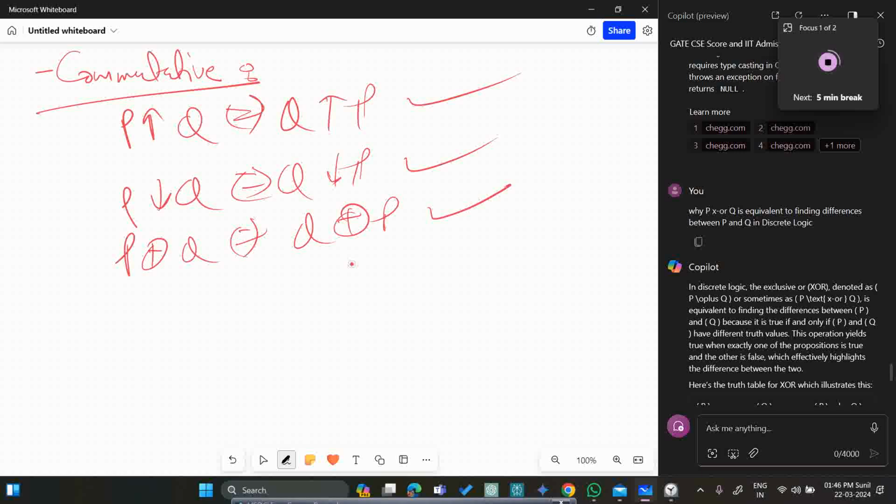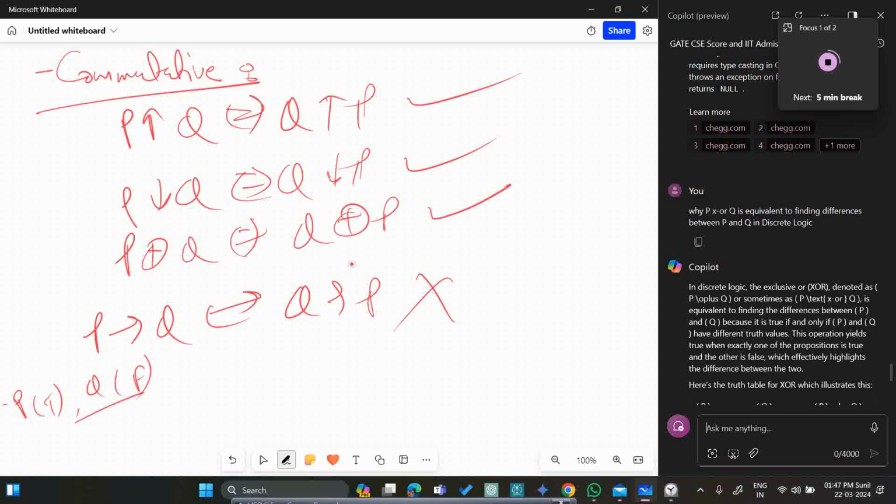But P implies Q is not equivalent to Q implies P. It is not true, because when P is true and Q is false, true implies false is false, but false implies true is true.